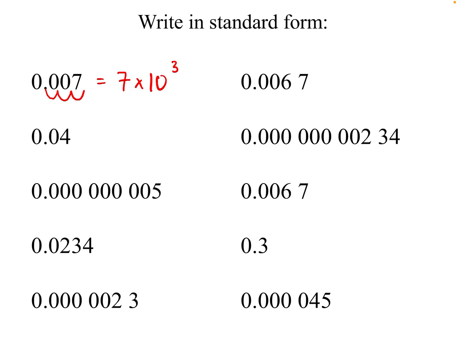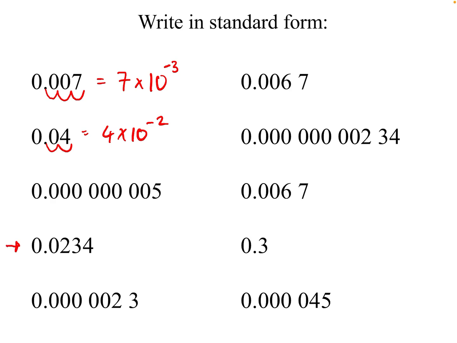And if you write that, you'd be wrong. Why are we wrong? Because this is a small number, so it must be a negative power. So 7 times 10 to the -3. If the number is small, the power needs to be negative. So this one will be 4 times 10 to the 1, 2 places, -2.